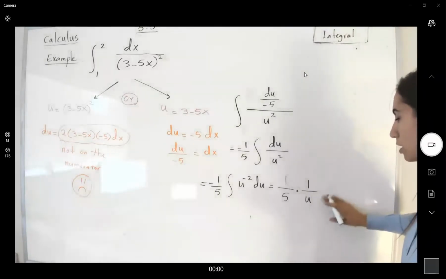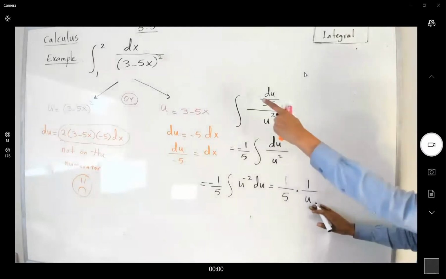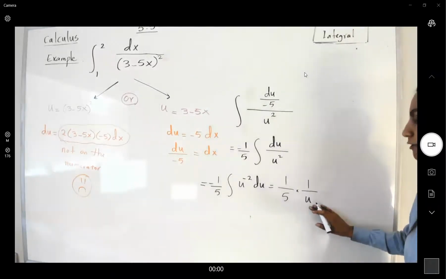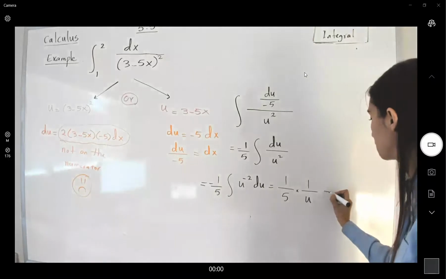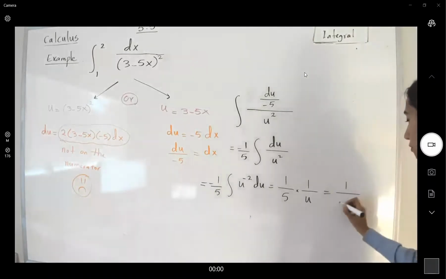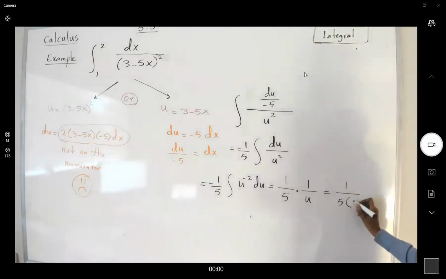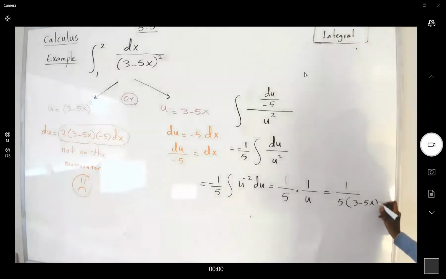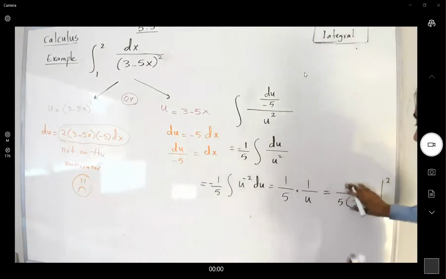So if I just convert this back into x, I get 3 minus 5x. So it's going to be 1 over 5 times 3 minus 5x. My x is bounded between 1 and 2. I substitute 2, I substitute 1, then subtract the results.